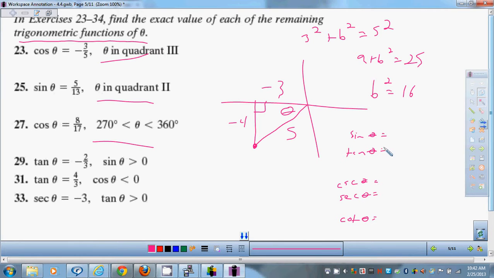What would tangent of theta be? Negative 4 over negative 3, which would just be 4/3, which is why it's going to be the exact same as number 31. Cosecant. Secant. Negative 5/3. And cotangent.